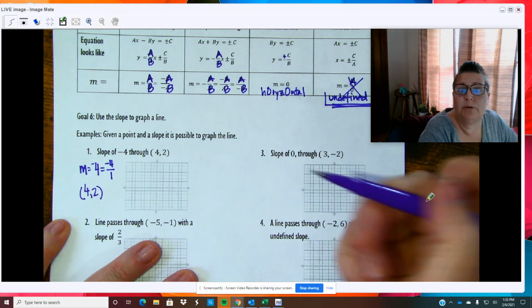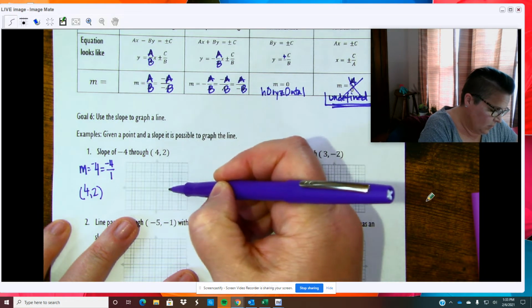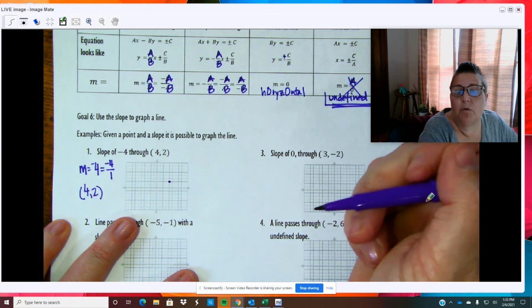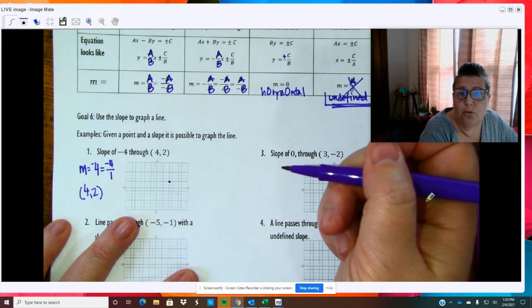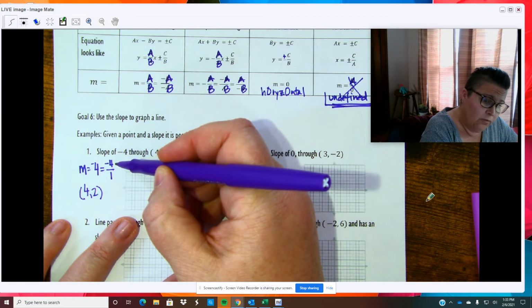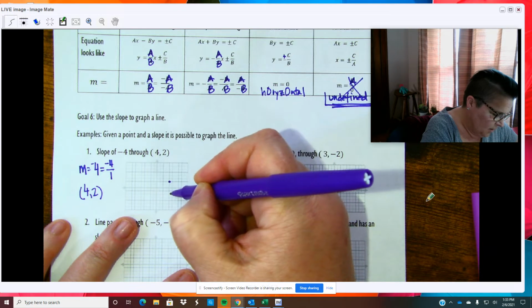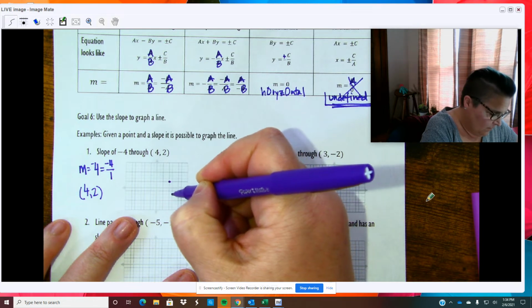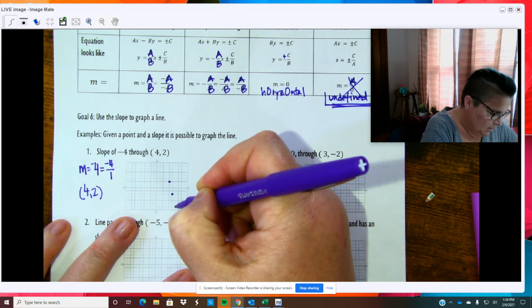The point is 4, 2. So what we're going to do is plot this point 4, 2. From the 0, 0, I'm going to go over 4 and up 2, and plot that point. Then I'm going to use the movement of the line to plot additional points. This says that I'm going to fall 4 and go right 1. So from here, I'm going to fall 4 and go right 1, and I can keep doing that step. Fall 4, right 1.